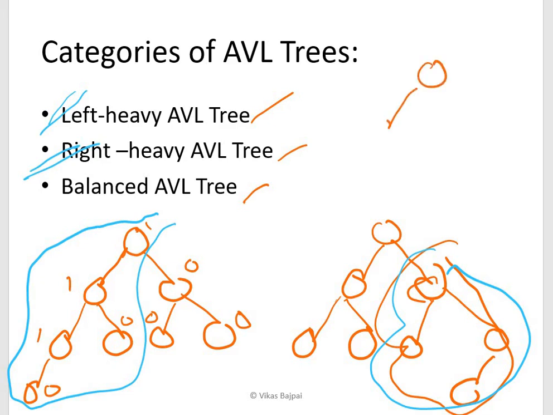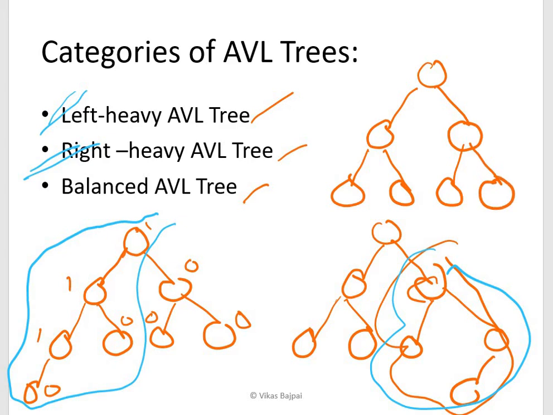So that can be in a form of this particular structure, where every time what I see is that the balance factor comes out to be 0, 0, 0, 0, 0, 0, 0, 0.